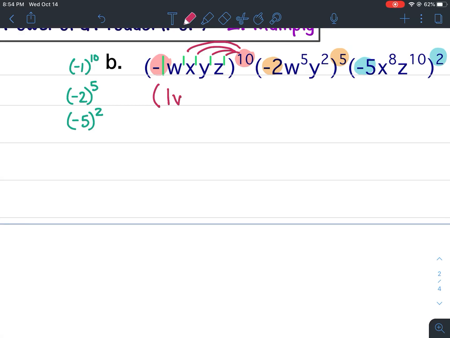So this would be w to the 10th, x to the 10th, y to the 10th, z to the 10th. Next monomial, negative 2 to the 5th power. It's an odd exponent, so it's going to be negative, and that would give me negative 32.